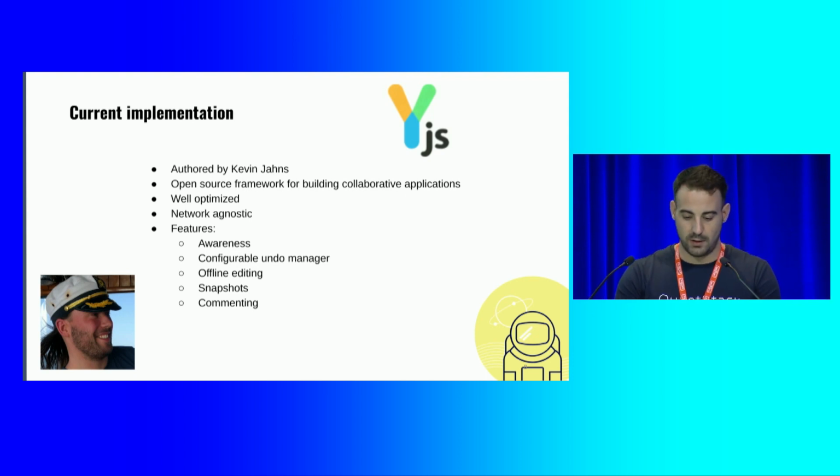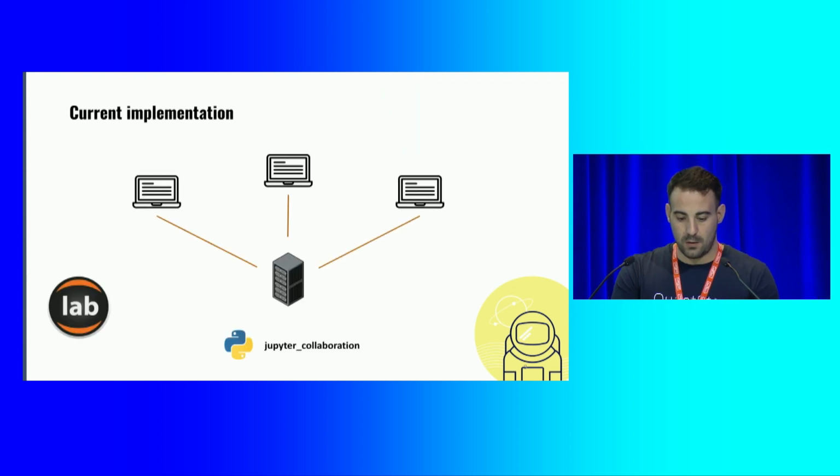It has some other key features like awareness, configurable undo manager, offline editing, snapshots, and commenting that are also key features for Jupyter. Well, for the current implementation in JupyterLab 4, we decided to move real-time collaboration outside of core JupyterLab. We moved it into an extension that you can install and try out.